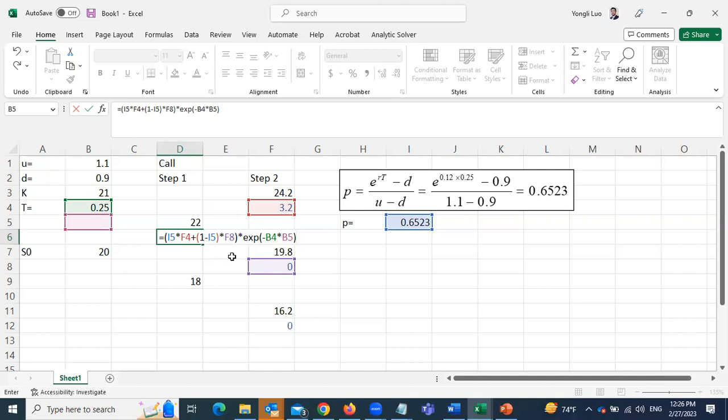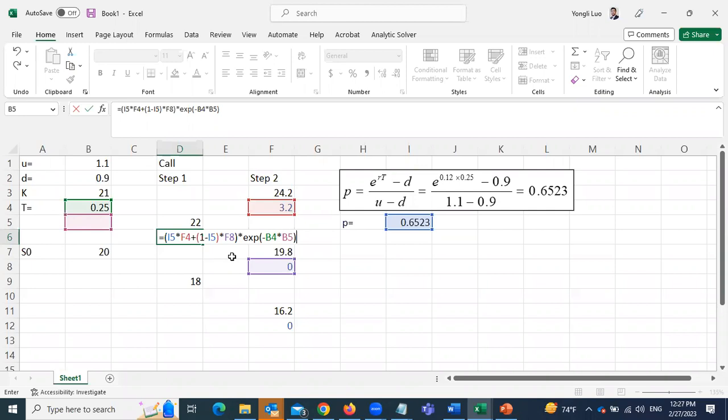Okay, B5, that is going to be the interest rate, 12%. Once you finish that formula, just type 0.12 in cell B5. Is that okay?